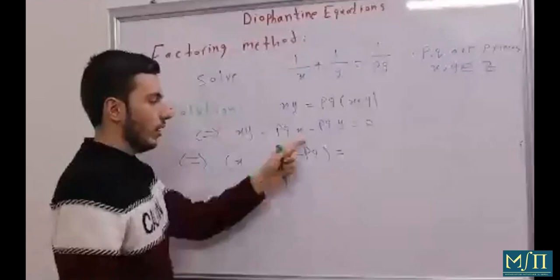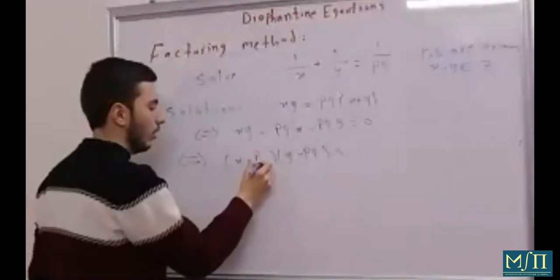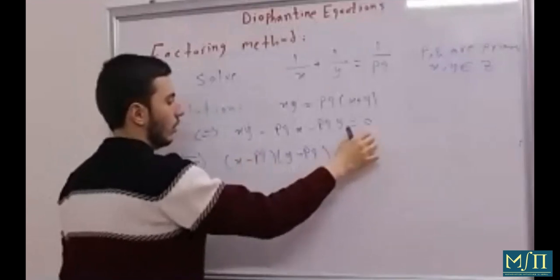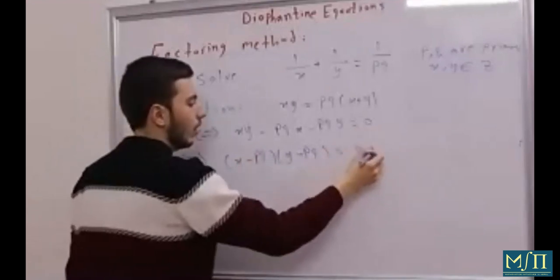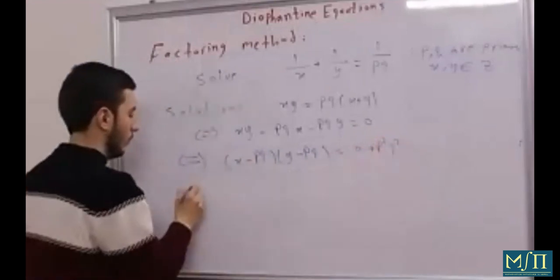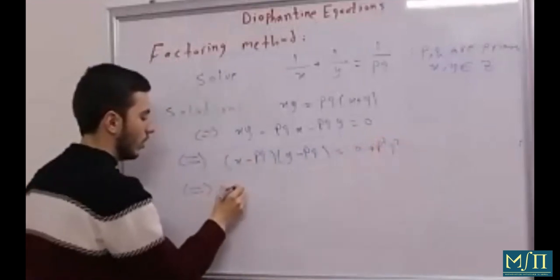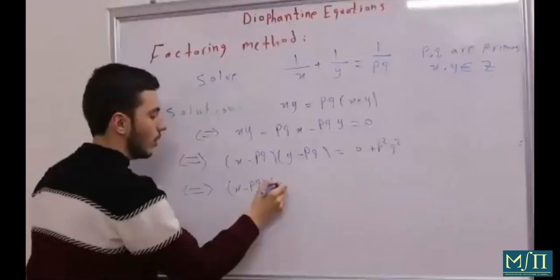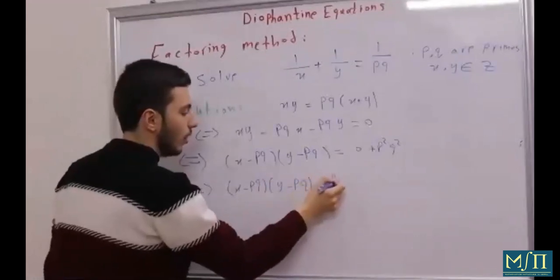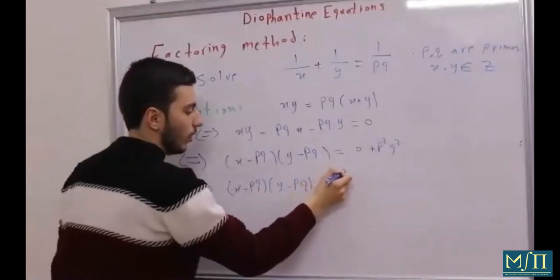And the same here, we need minus pq. So now this equals 0 plus p squared times q squared. So our equation now is x minus pq times y minus pq equals p squared q squared.